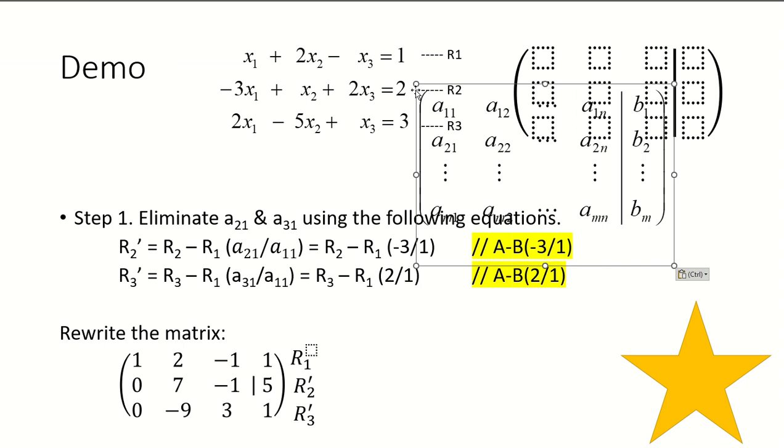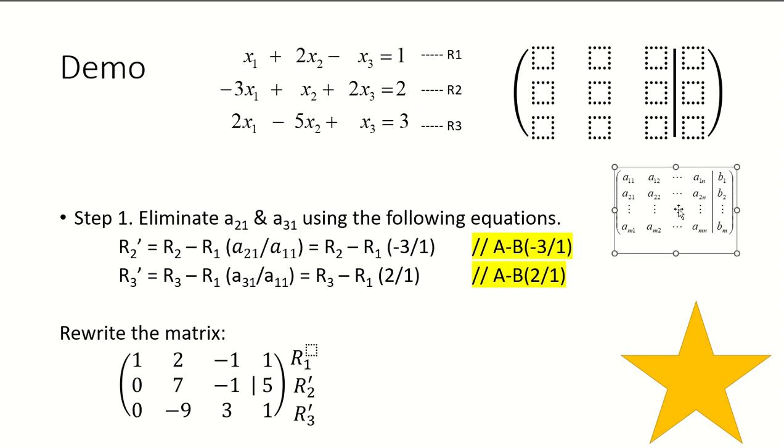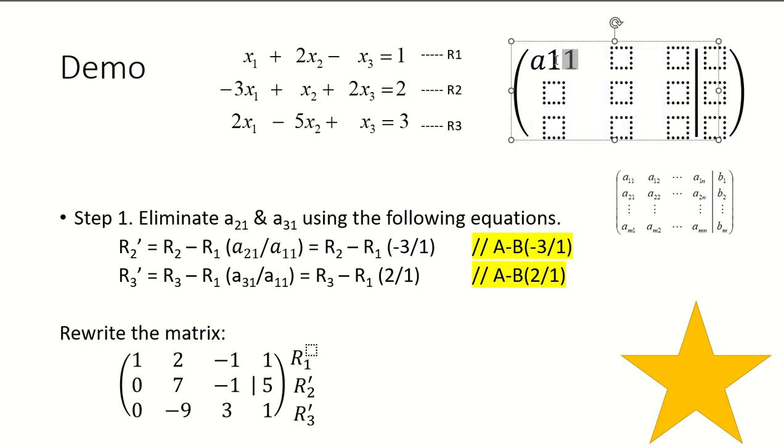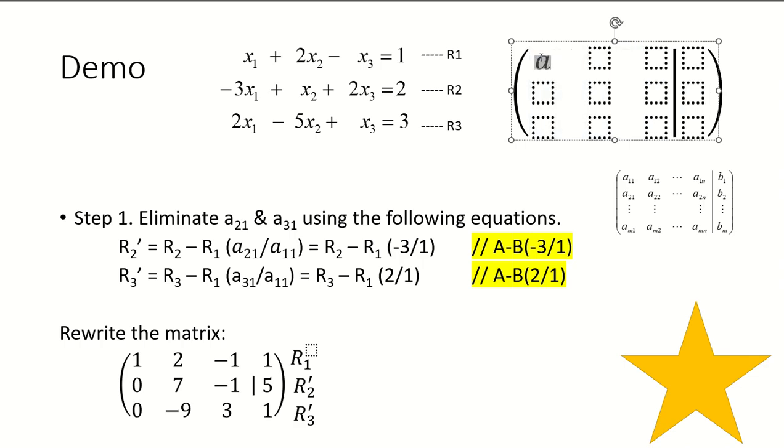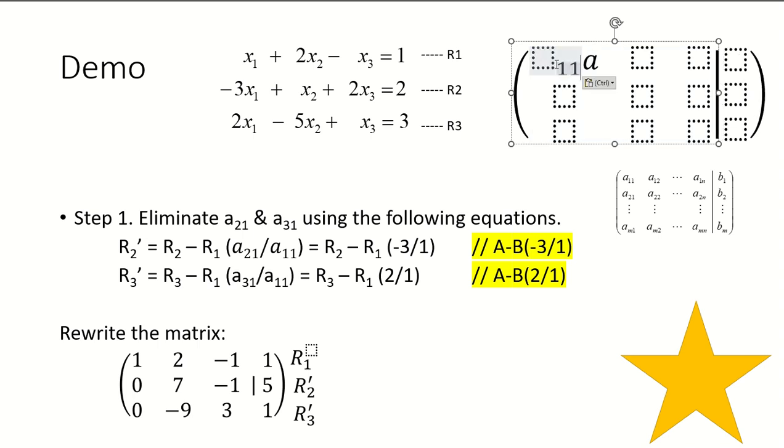This is a general one, depending on your m and also the n. So here is your A11. We need to make the 11 a subscript so that it will not be confusing.